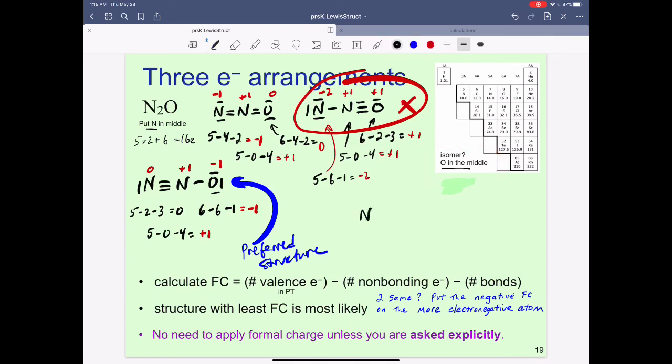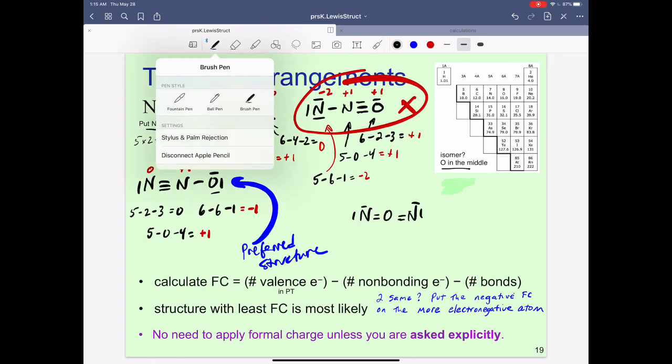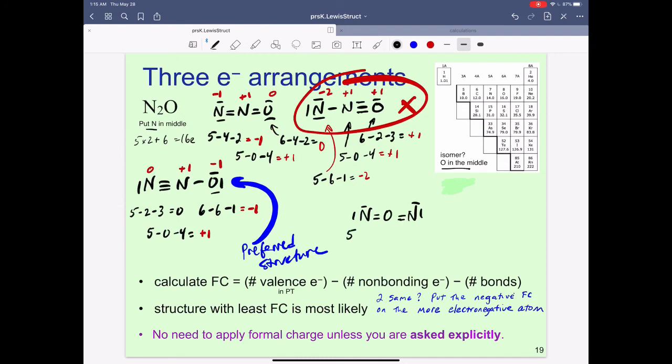It would be nitrogen, oxygen, nitrogen, and you could choose the double bonded one with the two unshared pairs, and if you check your formal charge, we will end up with five for the nitrogen minus 4 minus 2 will give us a value of -1, and the oxygen in the center will be 6 minus 0 minus 4 will give us a value of +2, and the nitrogen on the end will be the same as the other, also a -1.